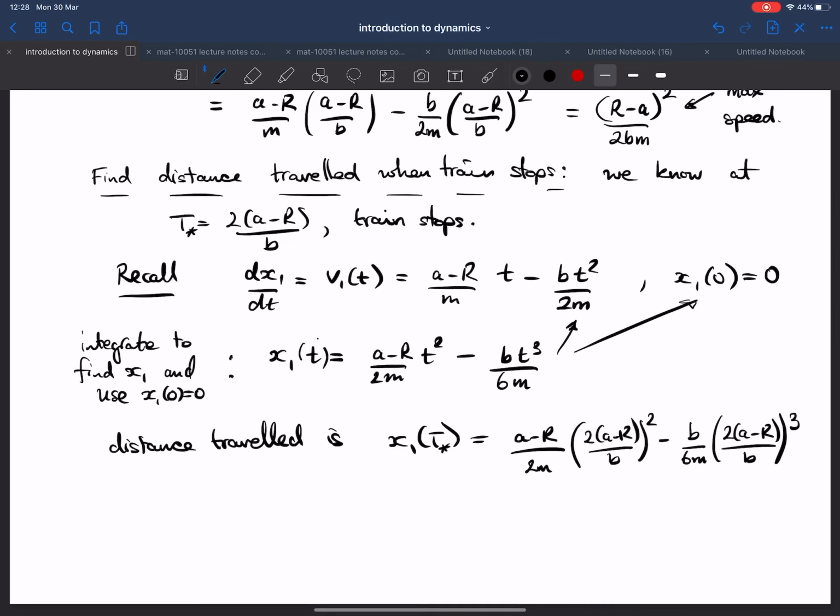Yes, it is. Okay, and then you can find that this is 2R, A minus R cubed over 3mb squared. Okay, so that's it. So check this.